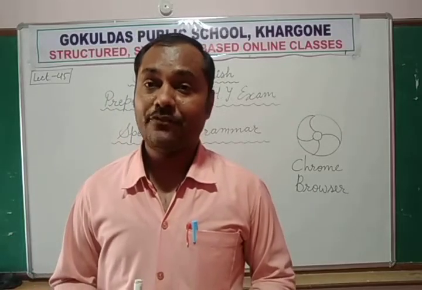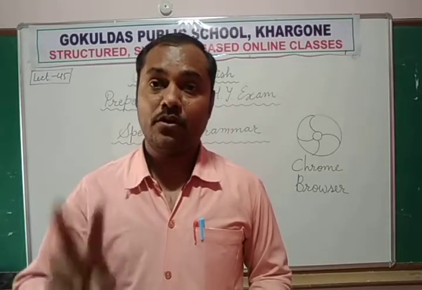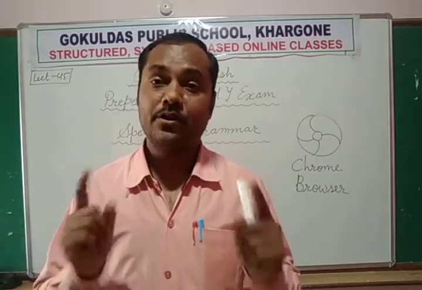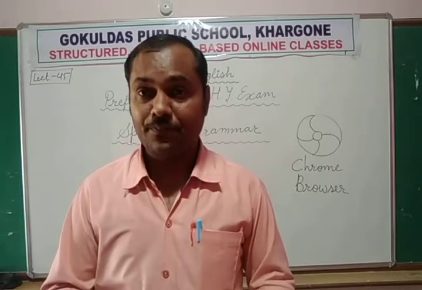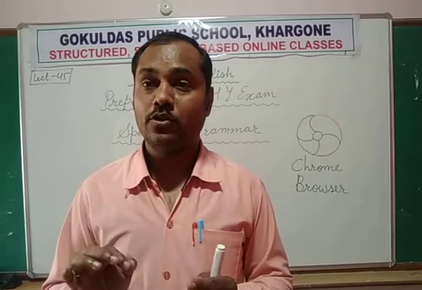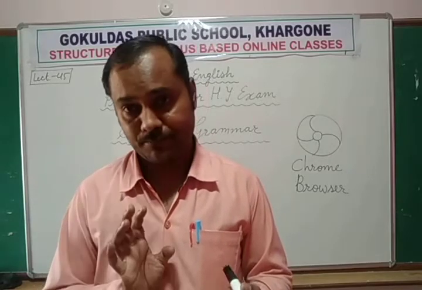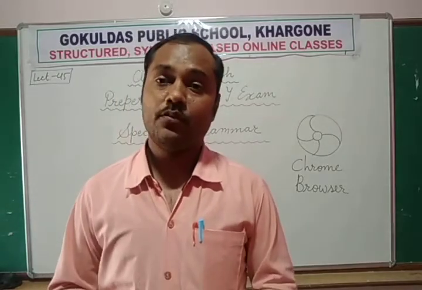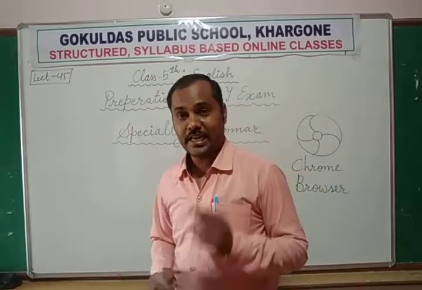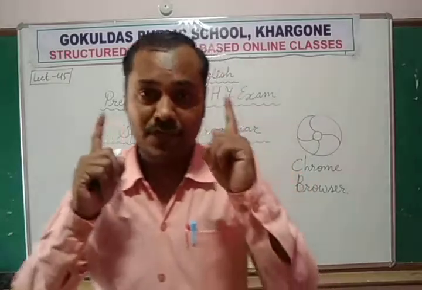Second thing, your half yearly exam timing will be 2 hours, means you will get sufficient time, but you need to take some rough paper and pen in your hand, so that if you want to do any rough work, you can do it there. After doing that, you will find 4 answers. The pattern of the exam is that the 10 marks question will be fill in the blanks.